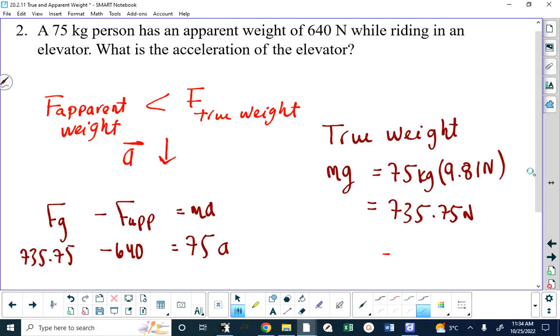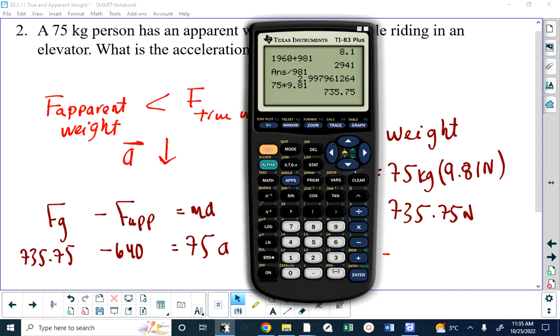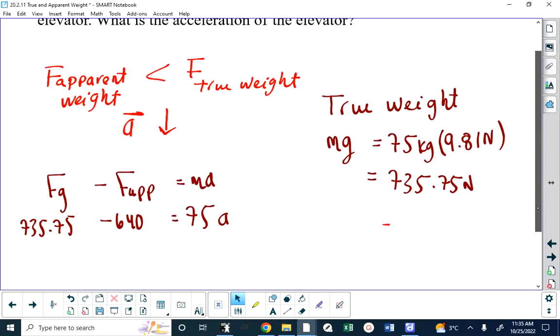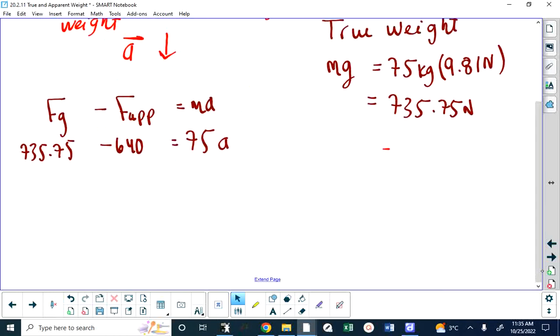That's a pretty simple mathematical statement to unwind. So I'm going to subtract the 640, and now I'm going to divide by 75. And you get 1.3 meters per second squared.